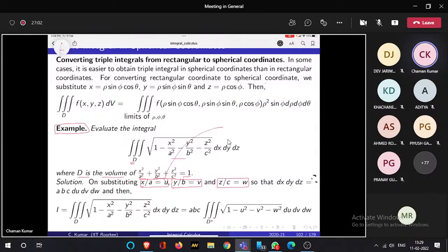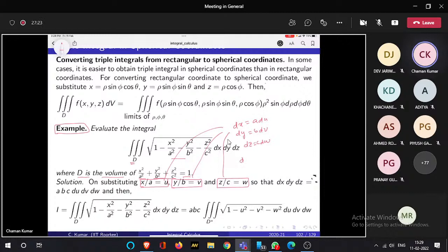From these three relationships, we get dx is equal to a du, dy is equal to b dv, and dz is equal to c dw.